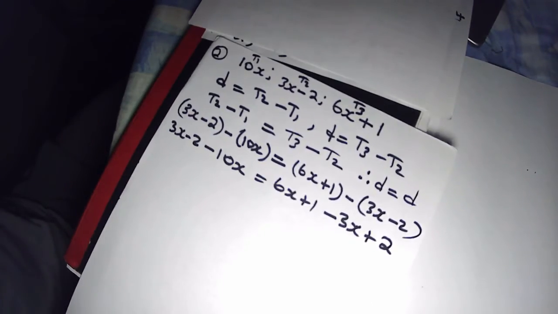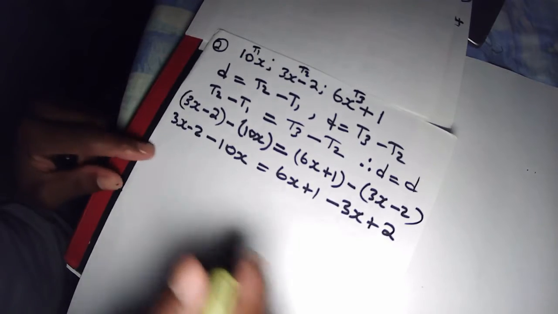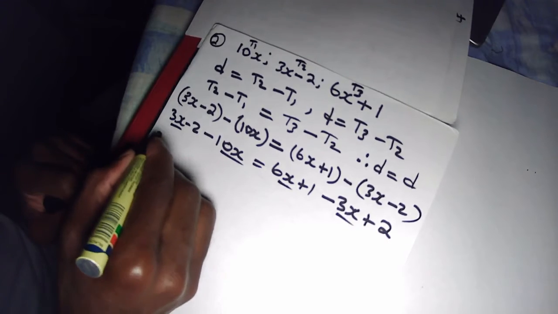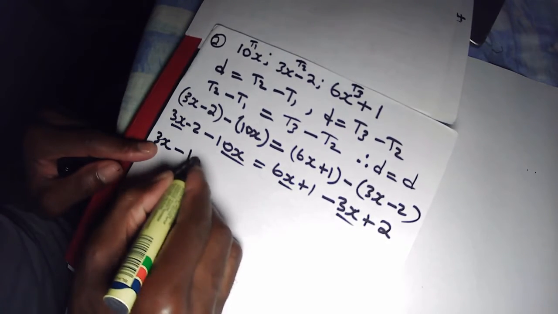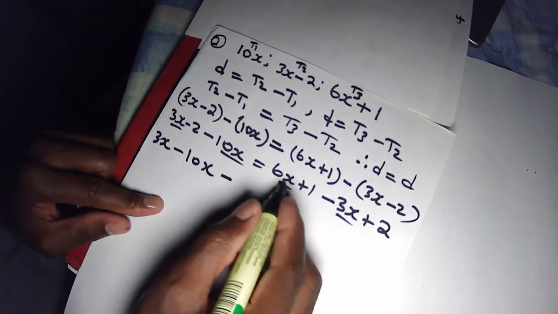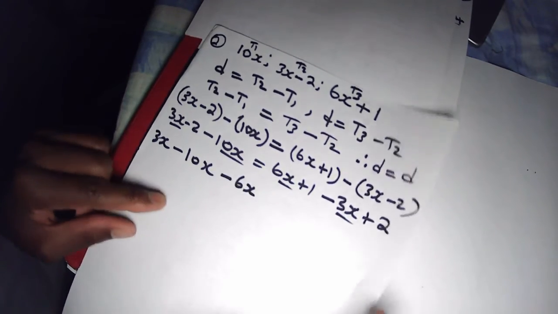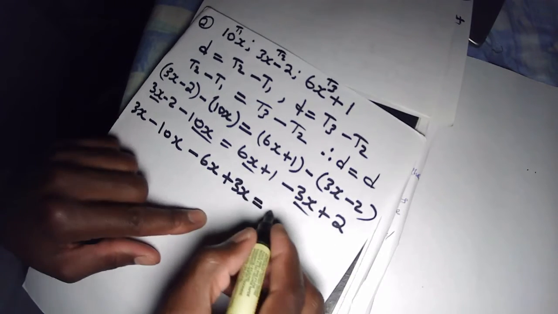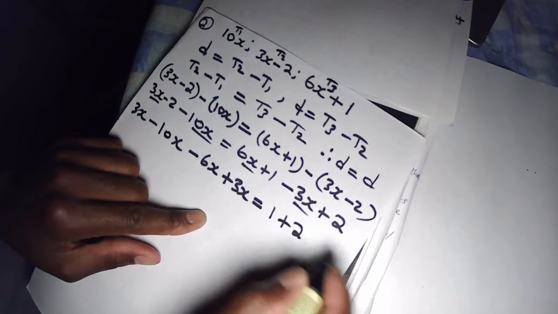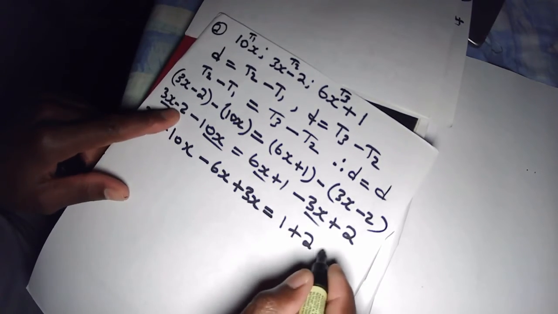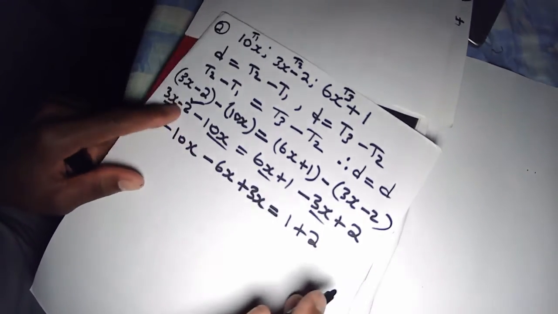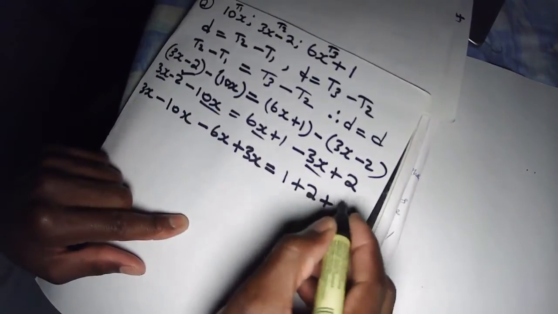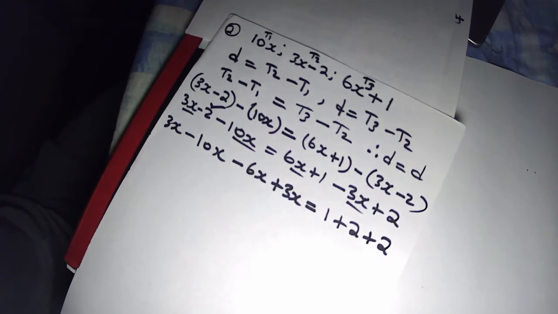So we arrange the like terms, okay? So every number with x on the left hand side, 3x minus 10x, we subtract the 6x on both sides, we get that, we add 3x on both sides is equal to 1 plus 2. We add the 2 on both sides, so plus 2, right?